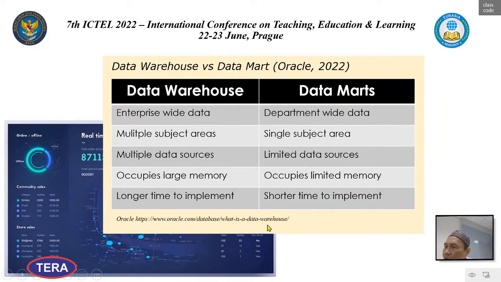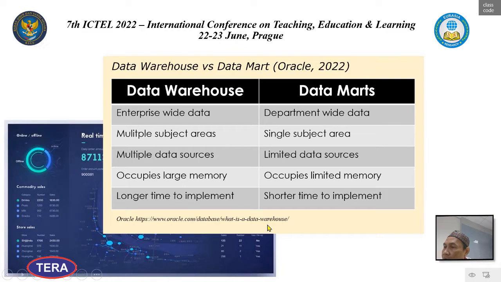Now let's focus on the data marts. Oracle compares a data warehouse and a data mart as follows. On the size of data parameter, the data in the data warehouse is wide, usually owned by the enterprise, while the data in the data mart is more specific and only belongs to the department. In the subject area parameter, the data warehouse can have multiple subject areas, while a data mart has only a single subject area.